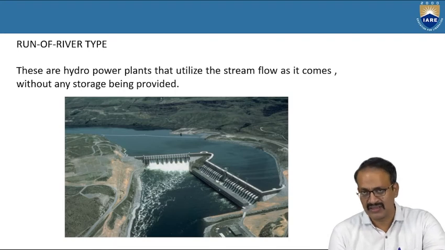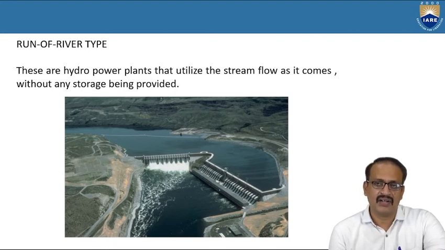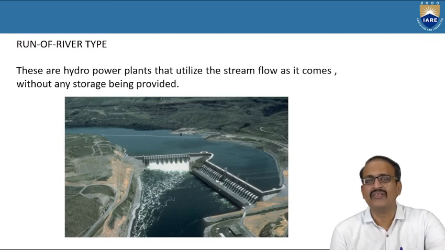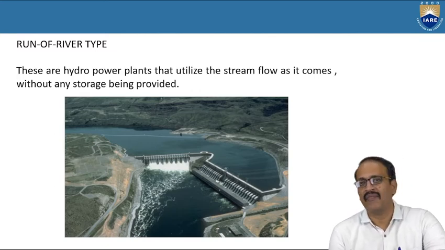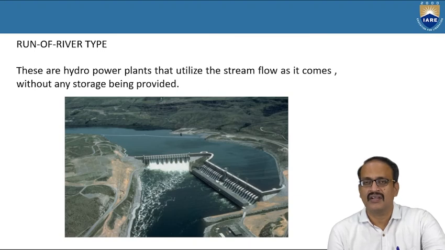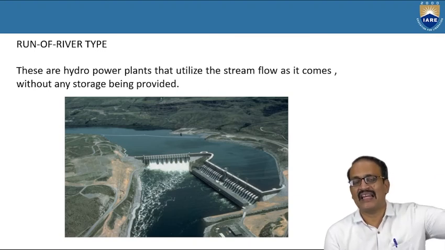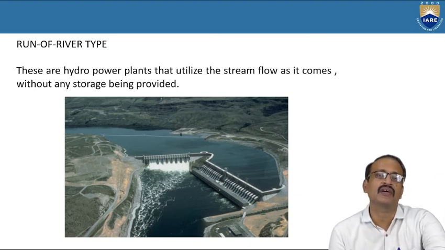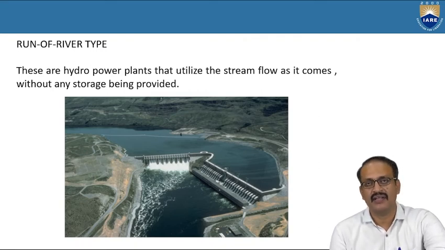We have just constructed a dam, and the water which is flowing will flow, but in between the dam will be there. So it has not stopped that water to raise the level. This type of river, we are calling it the runoff type river.